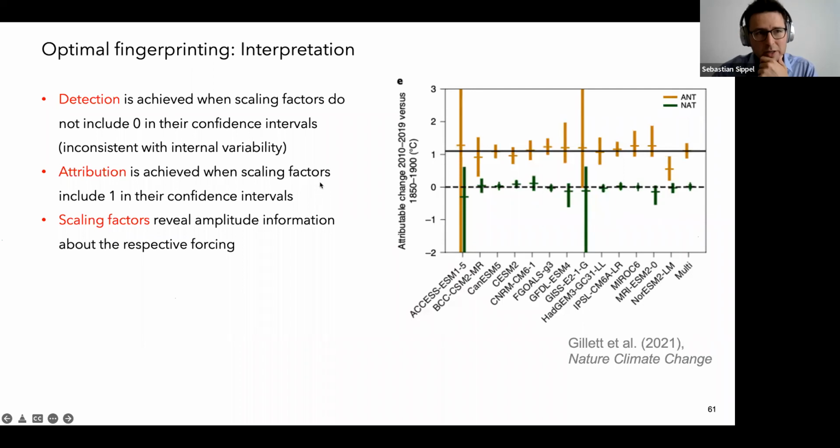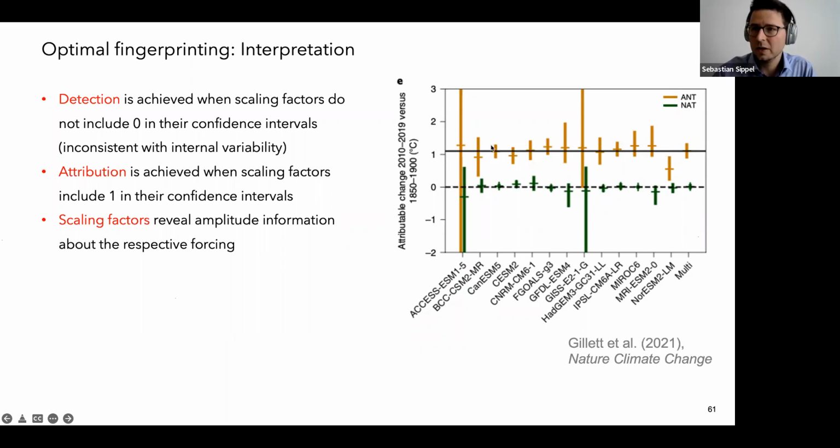Now, if you are able to achieve detection by having a confidence interval that doesn't include 0, you can then think about attribution. This attribution is typically achieved when those scaling factors include 1 in their confidence interval.